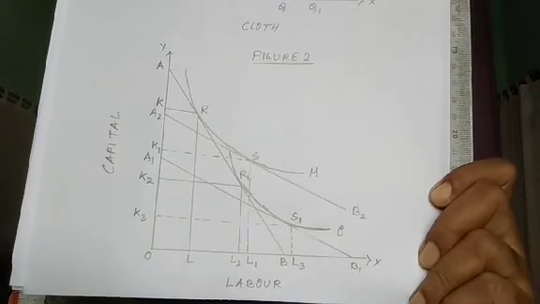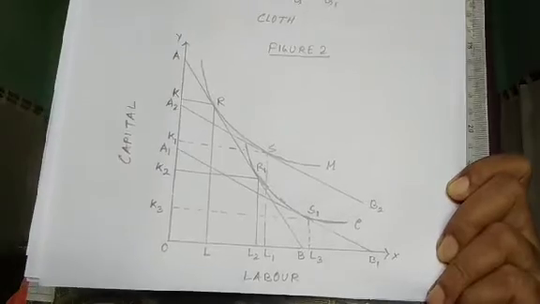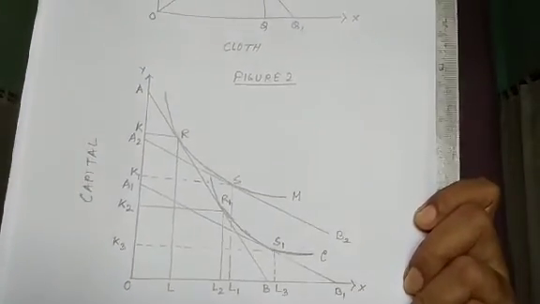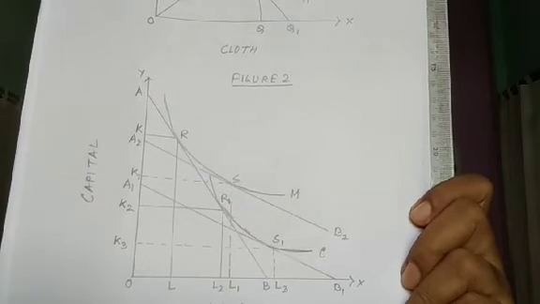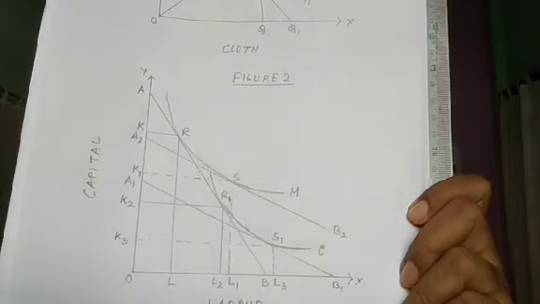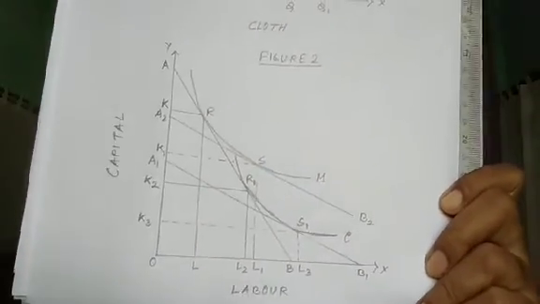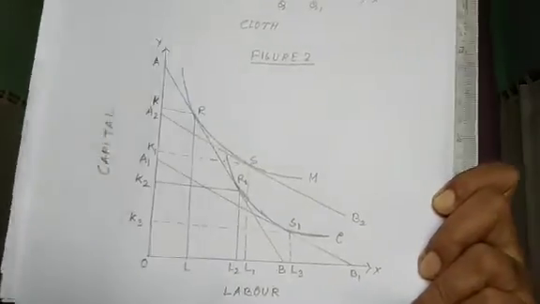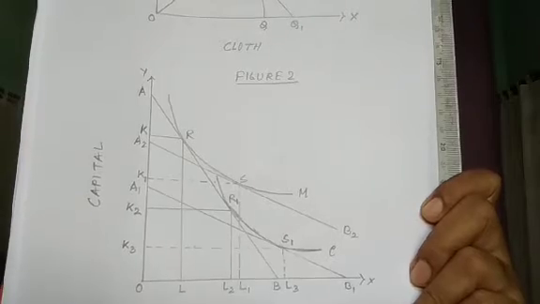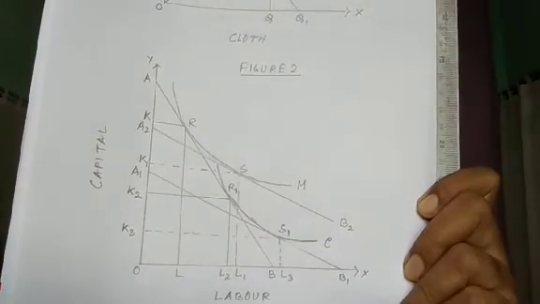So the total cost in terms of labor to produce 1000 units of cloth in country B is OB1. This means we require more labor to produce 1000 units of cloth in country B compared to country A. This means country B is labor abundant and country B will produce the labor intensive commodity cloth.